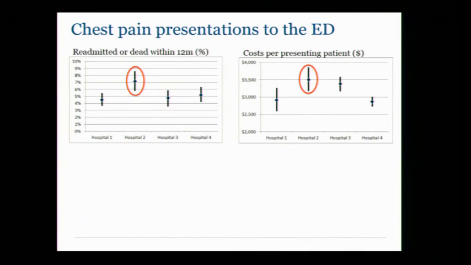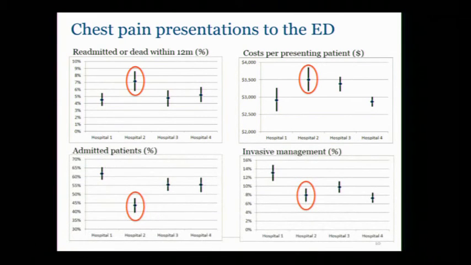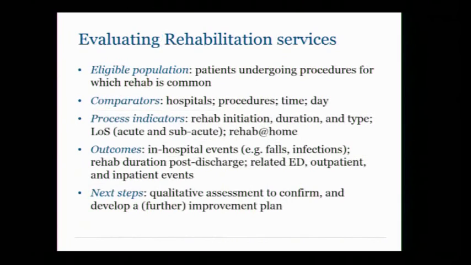We can see that Hospital 2, the red circle, has got worse outcomes, higher costs, and looks quite significant with respect to outcomes. We also looked at processes to see what might be driving those differences, and we can see Hospital 2 was admitting far fewer patients and tending towards less use of invasive management with those patients. That's just a very quick example, because I'm watching the time.